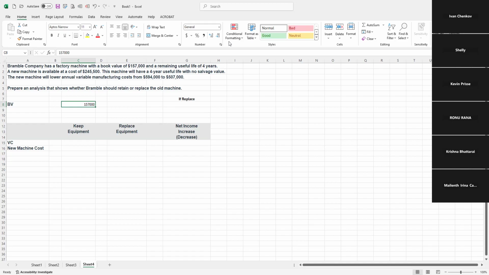This is the cost that we have to pay, correct? Yes. Regardless of whether you like it or not, you still have to pay it. Now, if we replace the machine, what's going to happen? Obviously, our cost is going to be less. This will be this one times 4.